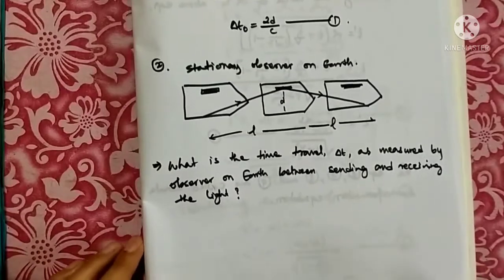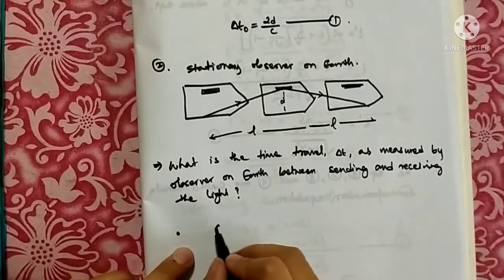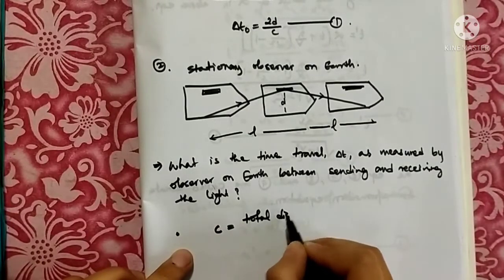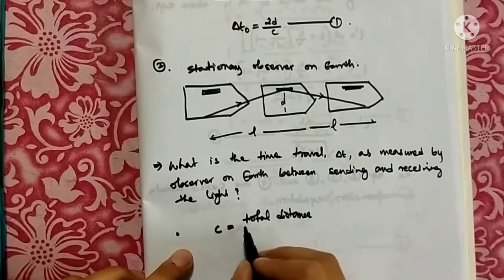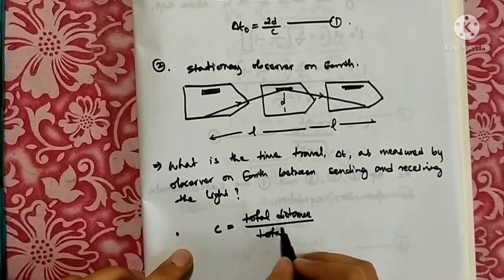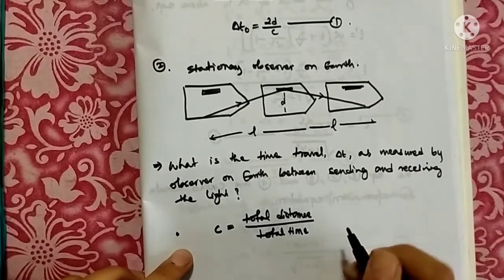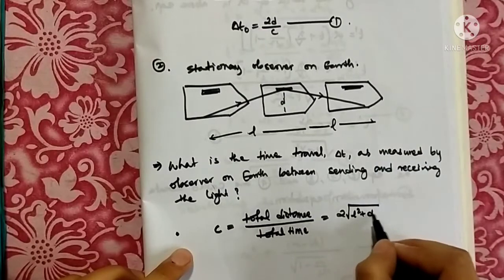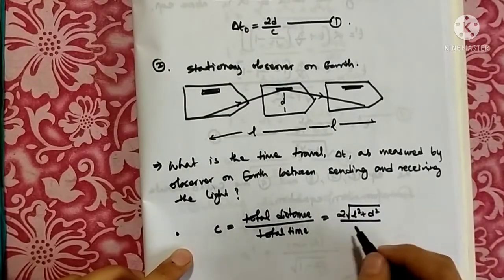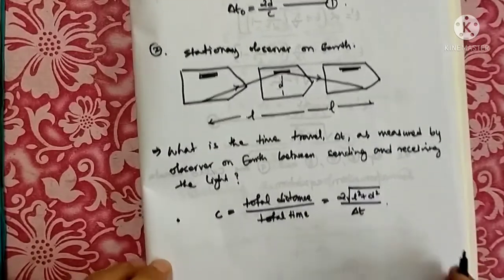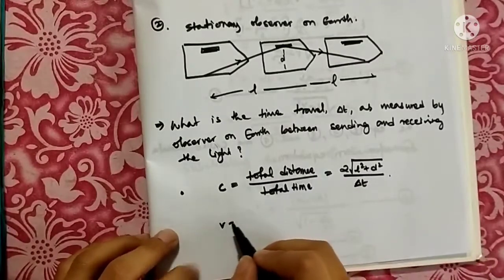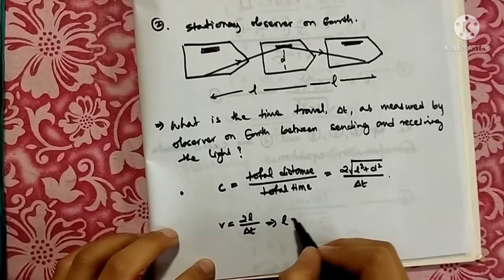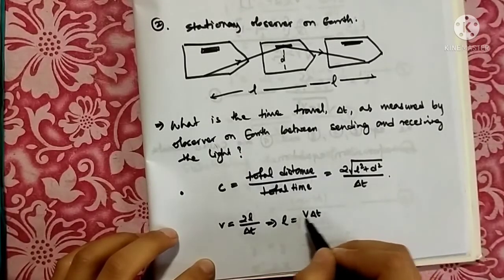Now we see that c, the speed of light, is equal to total distance divided by total time, delta t. Now let v is equal to 2l by delta t. It implies that l is equal to v delta t by 2.